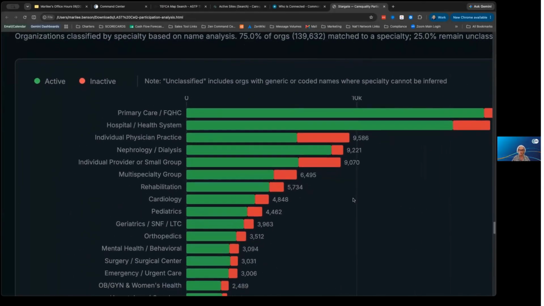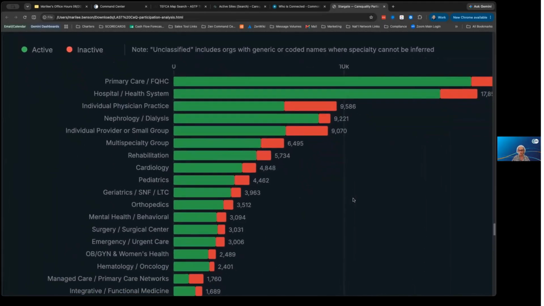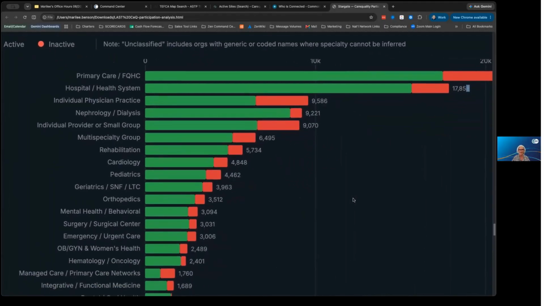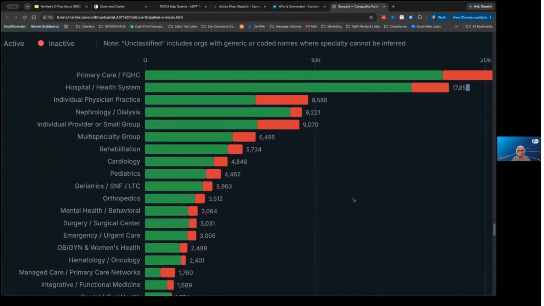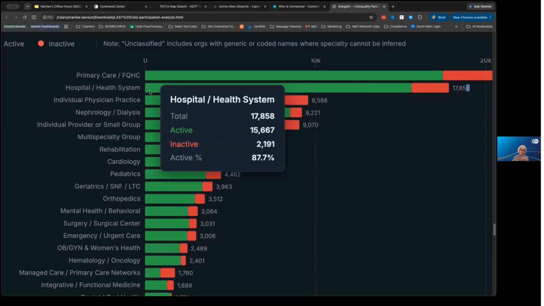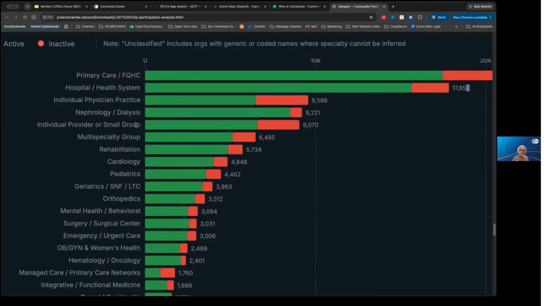So I guess not unexpectedly, primary care, federally qualified health centers, hospital health systems, individual provider groups, that core, if you look at the top 5, is mostly primary care focused or hospital health system focused, and represents a huge chunk of the participants.